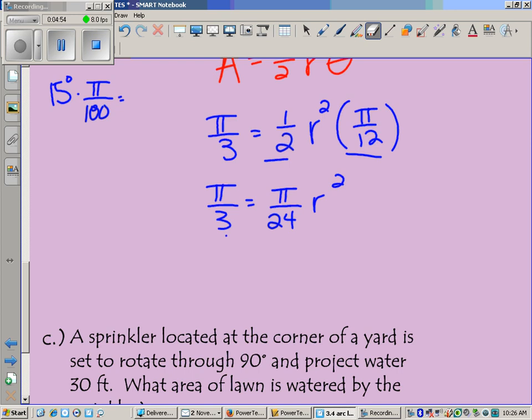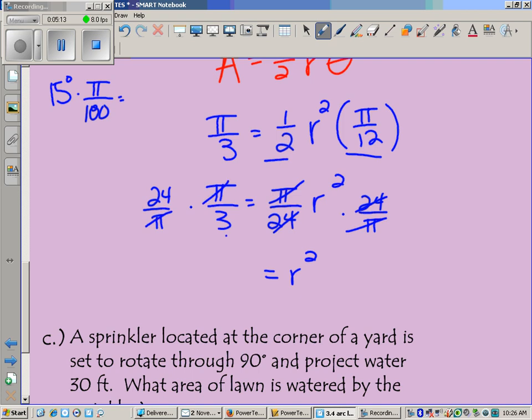So I'm going to multiply both sides by 24/pi. That way, those would go away, and I would just have an r squared left on that side.